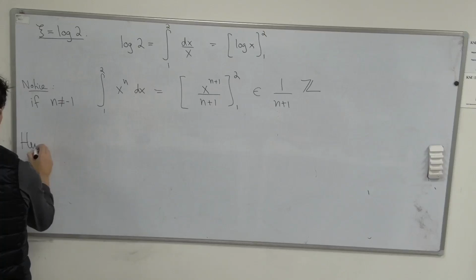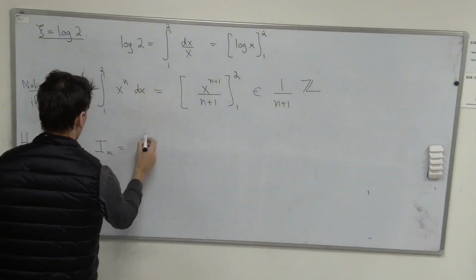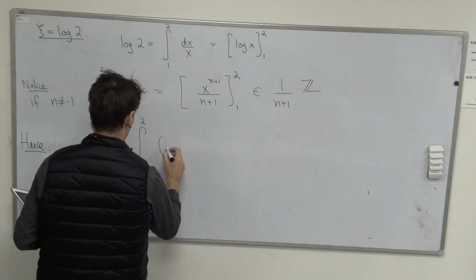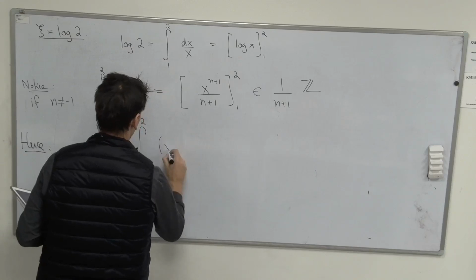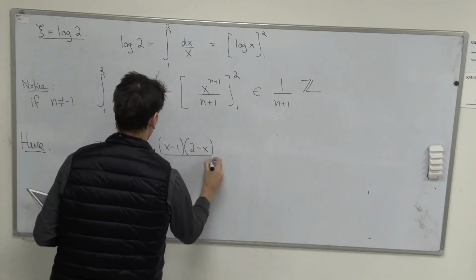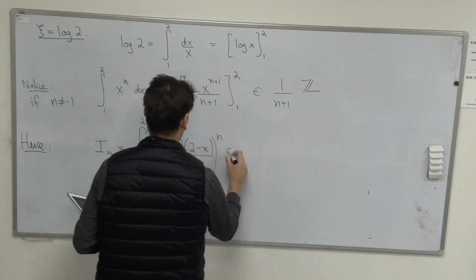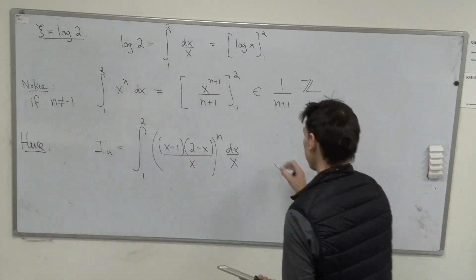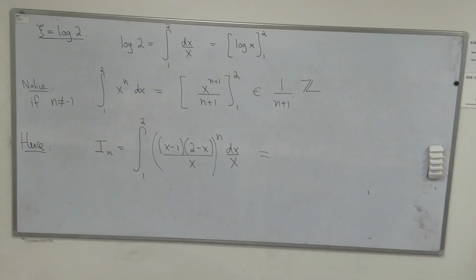So then the clever idea is to consider the integral from 1 to 2 of x minus 1, 2 minus x, all to the n, over x to the n, dx over x. Okay, so I don't have, oh maybe I do have a cutter, cool.